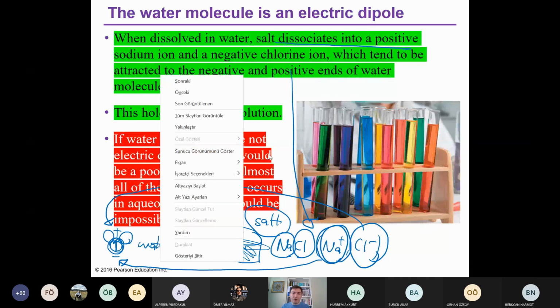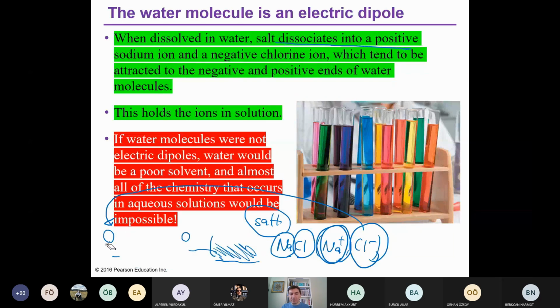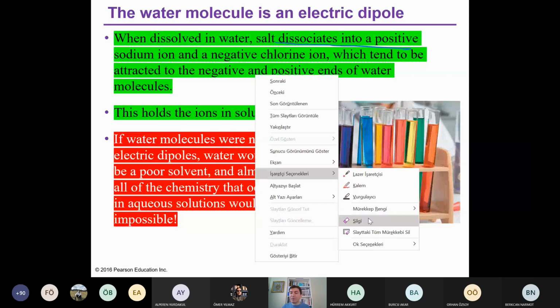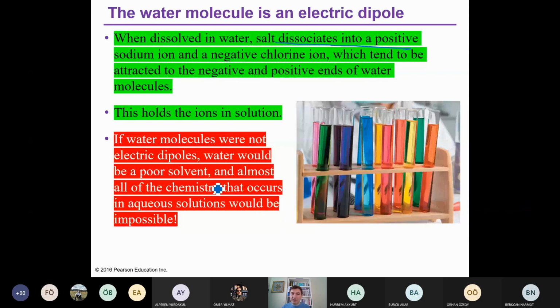But if water wouldn't have this property, what about life? What about the solvents? What about the chemistry? What about life for our body?